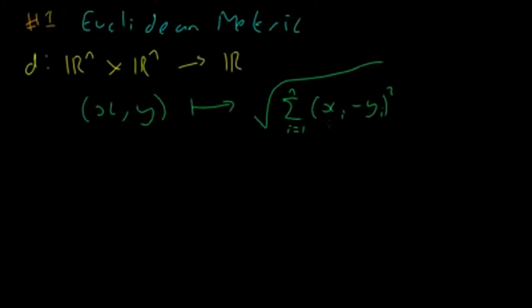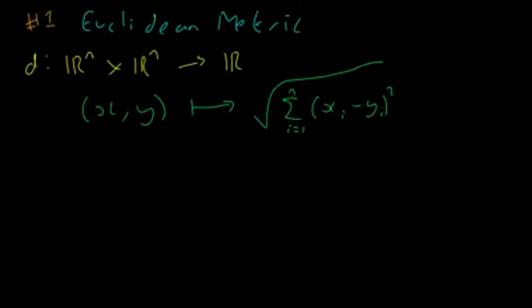So the first one is quite obviously true. If this distance is equal to 0, then these must be the same point, because these are all positive numbers, so they must be 0 if the whole thing is 0. And if these are the same point, then obviously this is 0, because you'll just be summing a bunch of zeros here.